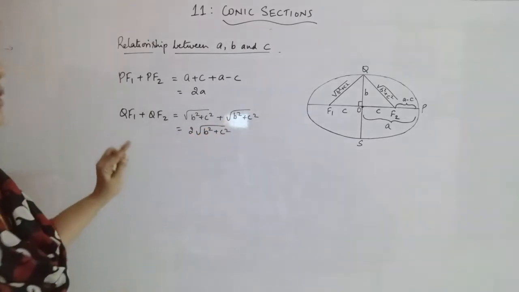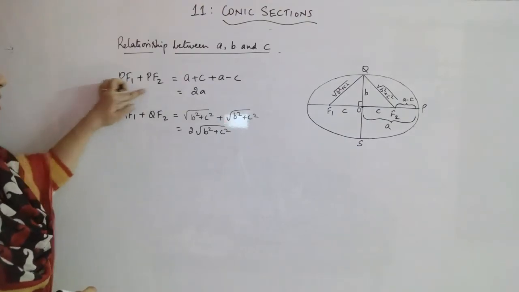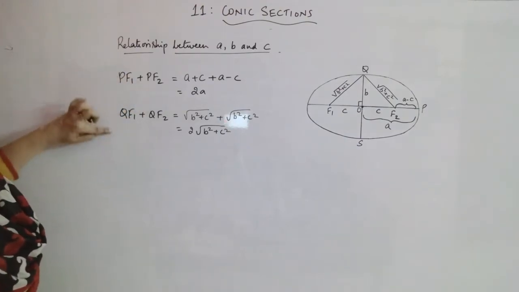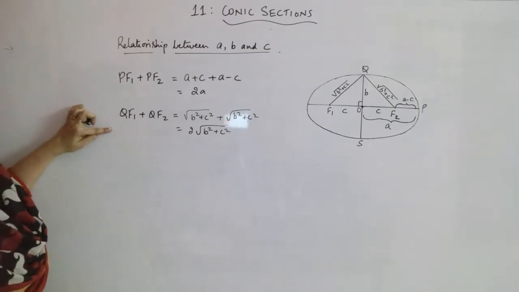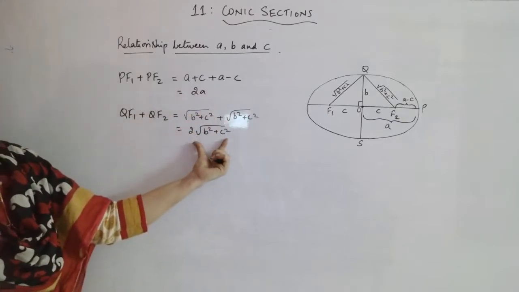Now since both P and Q are on the ellipse, the sum which we have written here should give you a constant. That is a property of ellipse, so this distance should be equal to this distance.